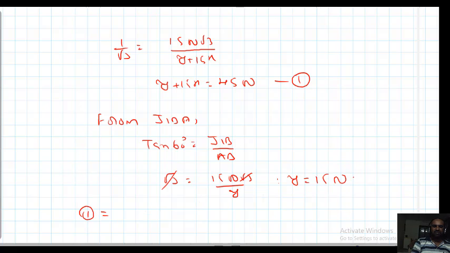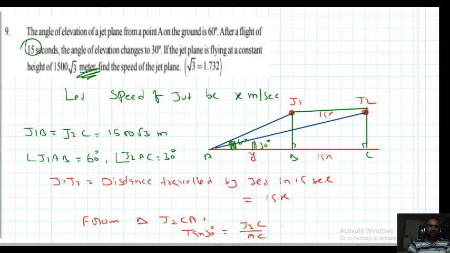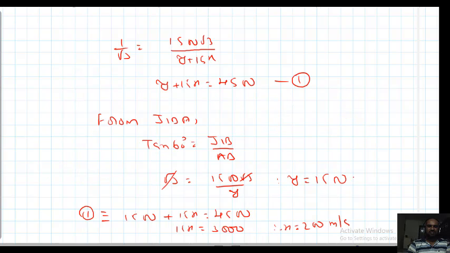Now I take the first equation: 1500 plus 15x equals 4500, or 15x equals 3000. Therefore x equals 200. X is 200 meters per second. So the speed of the jet is 200 meters per second. You can write the conclusion at last.